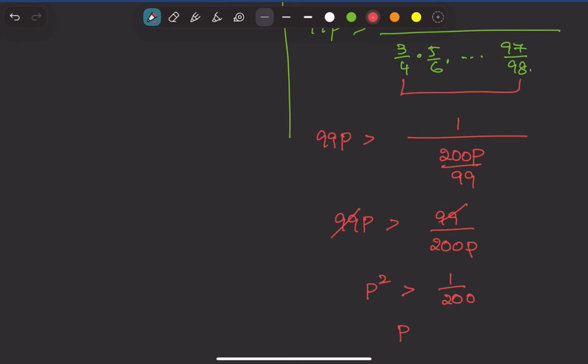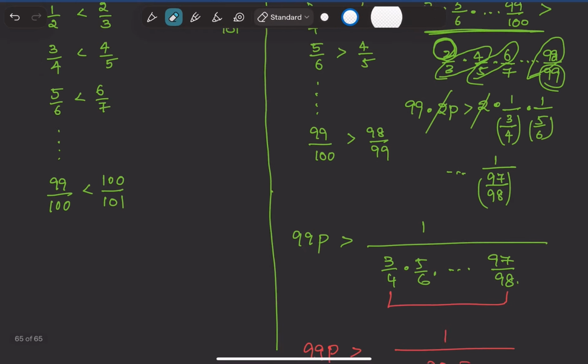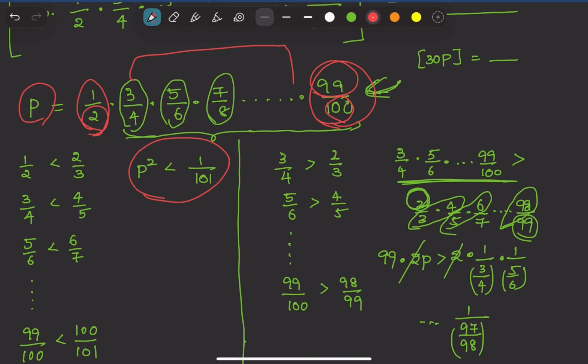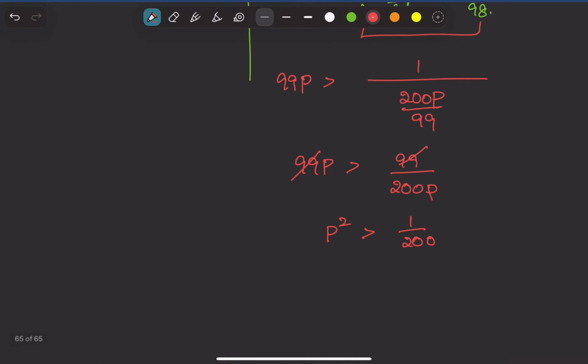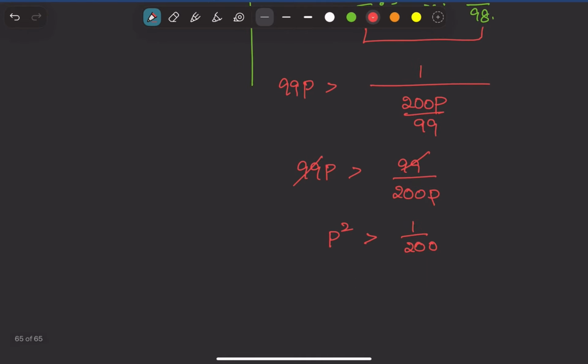Since p is positive, we can leave it at this point. P square is greater than 1 upon 200. We also got p square is less than 1 upon 101. So 1 by 200 is less than p square, which is less than 1 upon 101. So this is what we got.